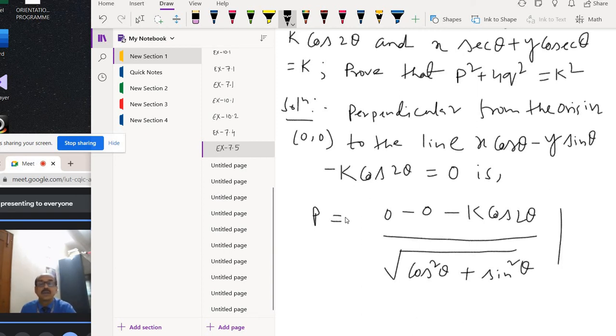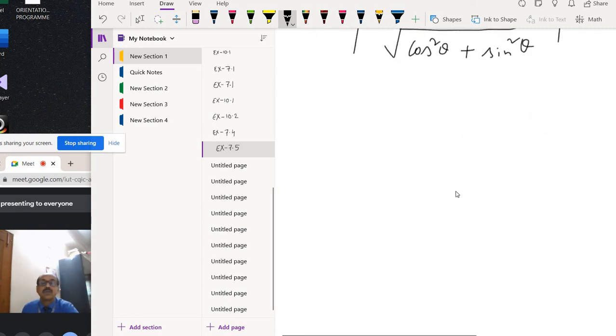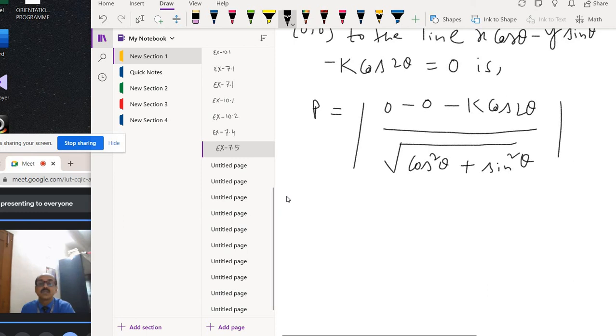Put x equal to 0, y equal to 0, because the point is 0 0.